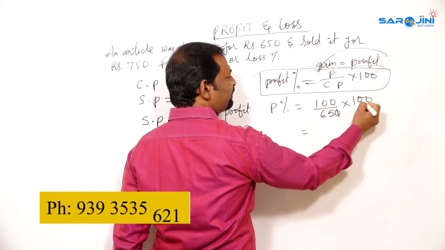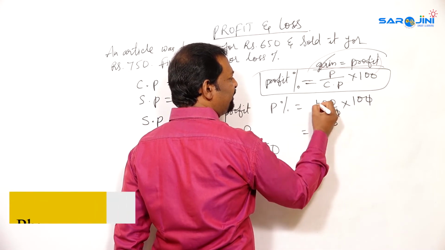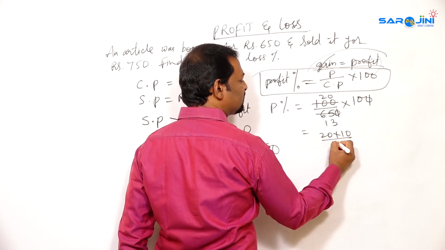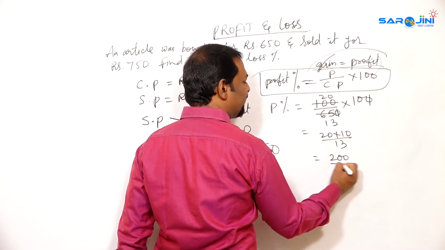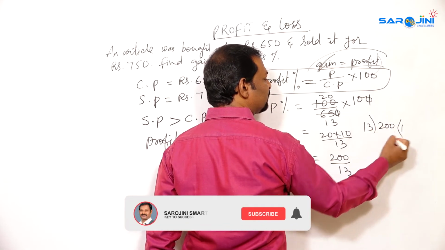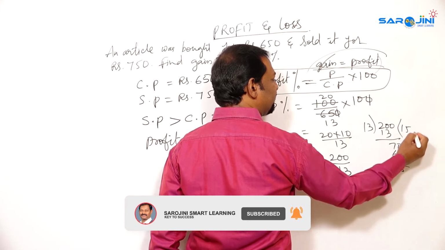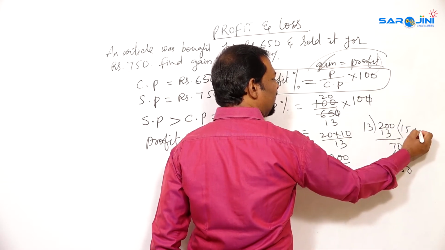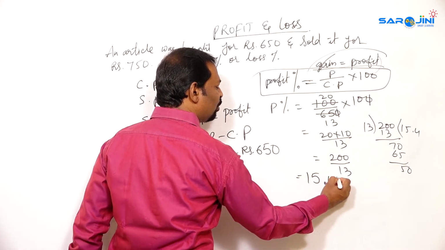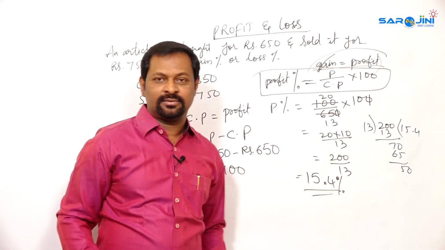Here the 0 gets cancelled. So this is 20 into 10 by 13, that is 200 by 13. 200 divided by 13, at an average we'll get 15.4% is the profit on that article.